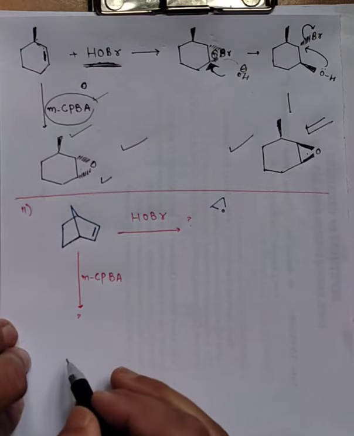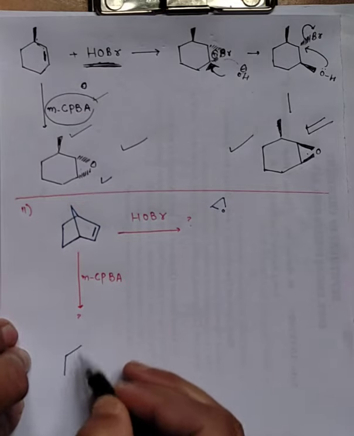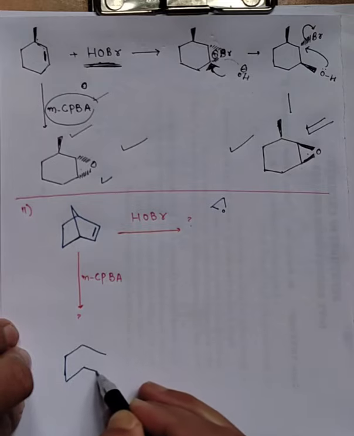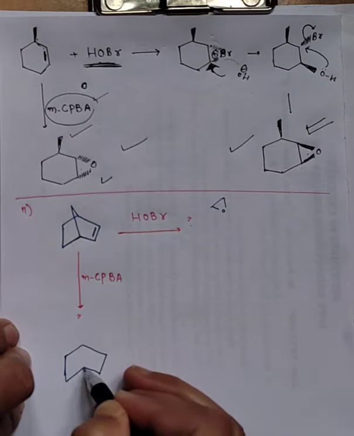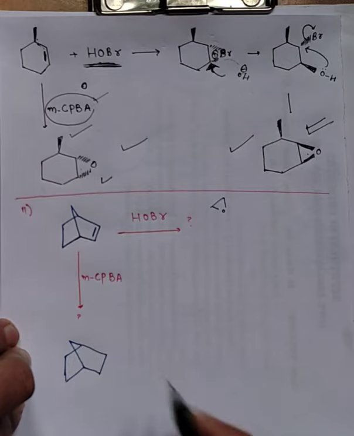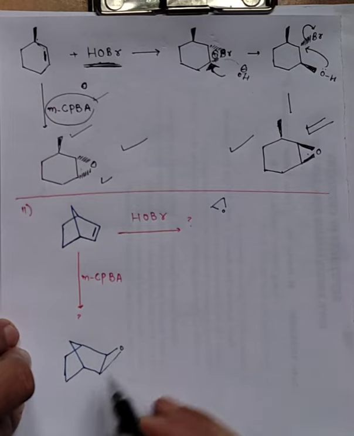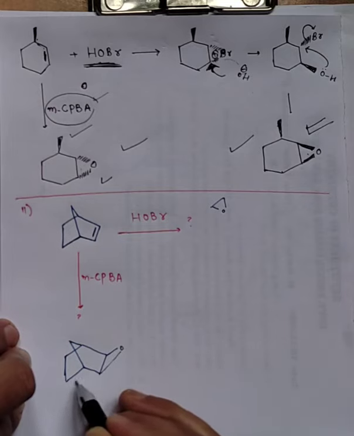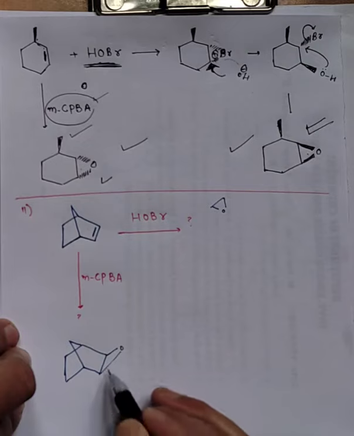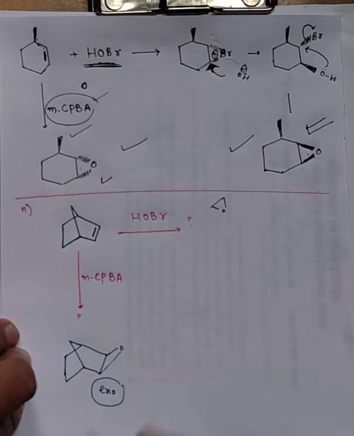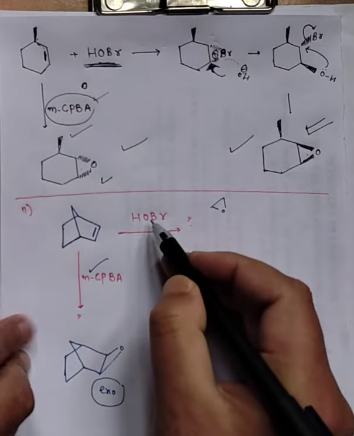So the epoxide is formed on this side. Agar product yahan se banta, it's called the endo, because exo is more stable, so the stable product, epoxide, is formed here.